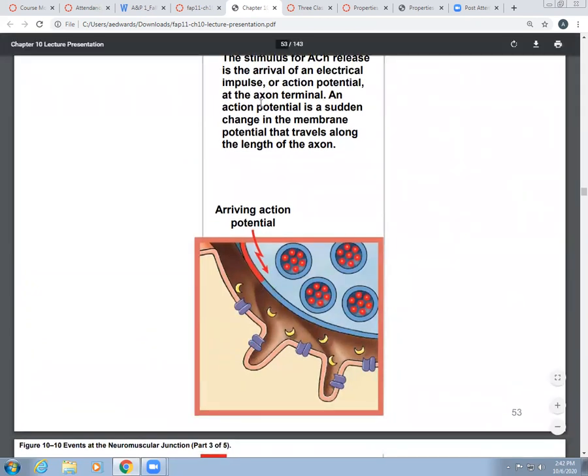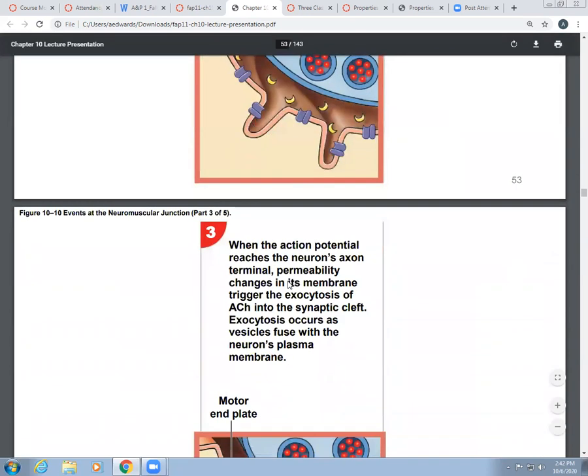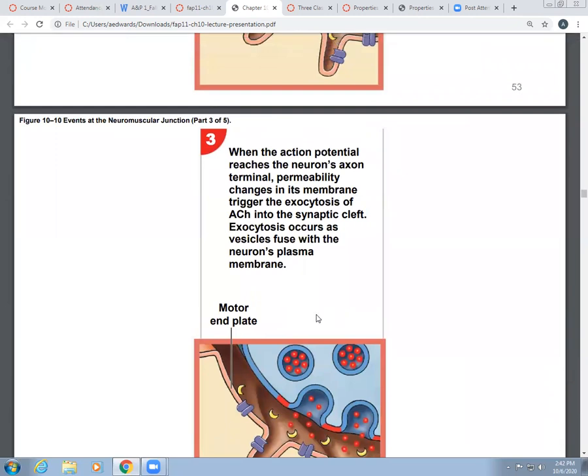So you get an action potential, then you get an electrical impulse, you get change in membrane potential, travels along the length of the axon, gets to the axon terminal, it sends a signal for those vesicles to go to the ending of the axon terminal through exocytosis, release their neurotransmitters, and they travel across the synaptic cleft.